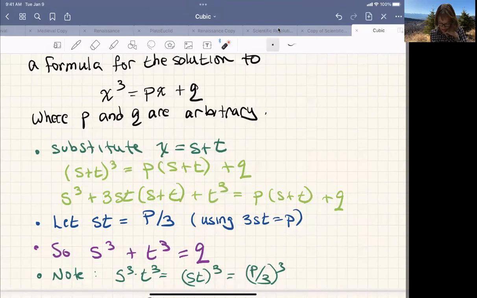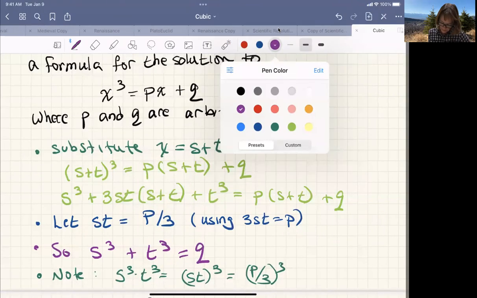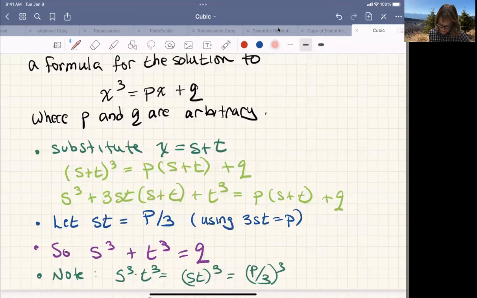And so after we make that substitution and these terms drop out, what we're left with is s cubed plus t cubed is equal to just q.